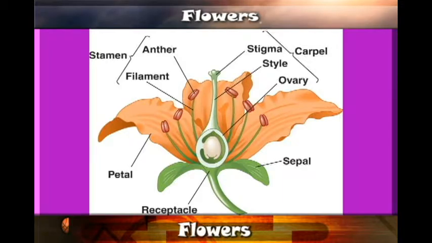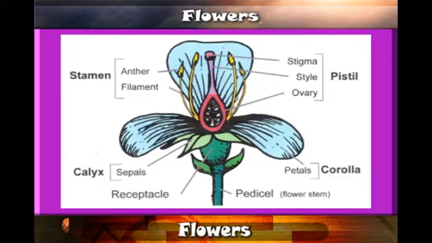Now, after seeing the general structure, the flower consists of the calyx, which we have said are the sepals. It consists of the corolla, which consists of the petals. It consists of the androecium, that is the stamen, which includes the filaments and anthers.